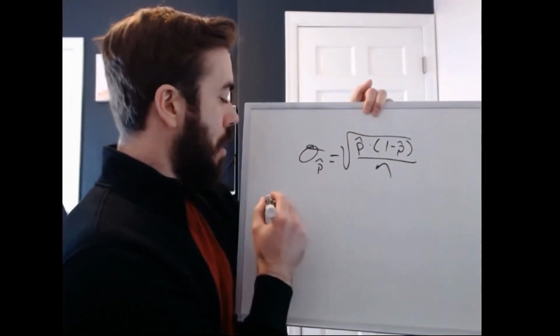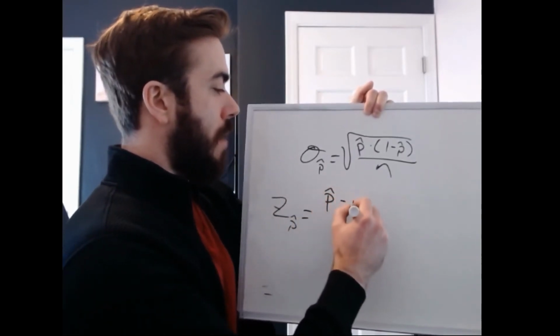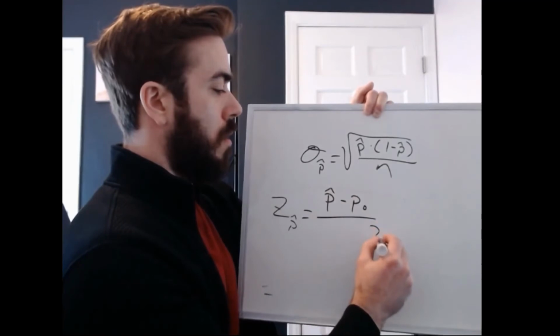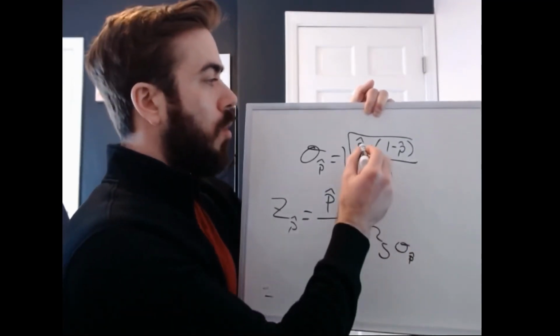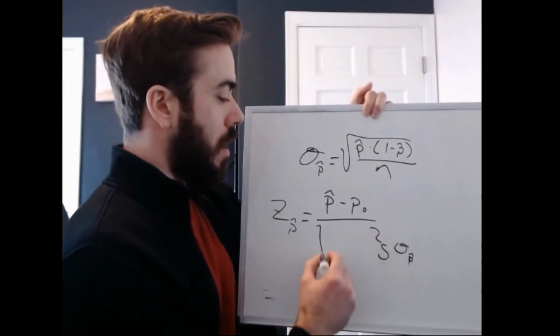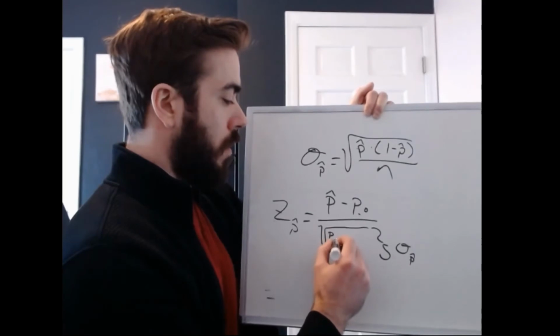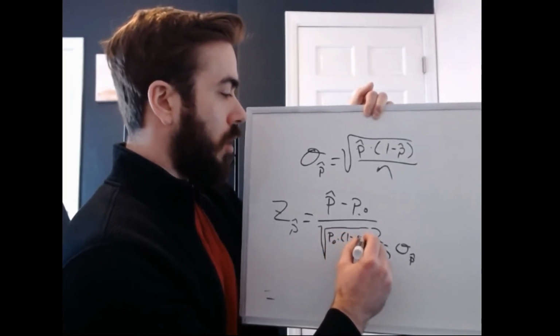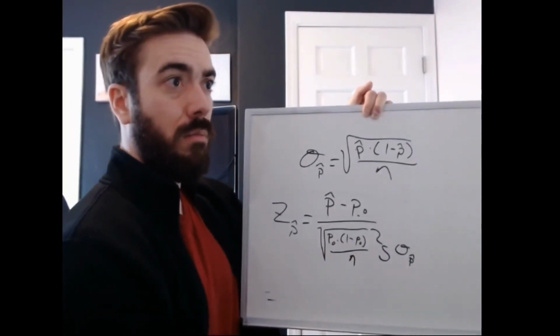Now you can think about it when we're calculating this z-score and we have this assumed true proportion. I still want to be dividing by what that standard deviation would be, but I no longer have to use this approximation, because I'm assuming that this is, in fact, the true population proportion, in which case I'm no longer using the sample, I'm using whatever that assumed true value is. So that's where that comes from.